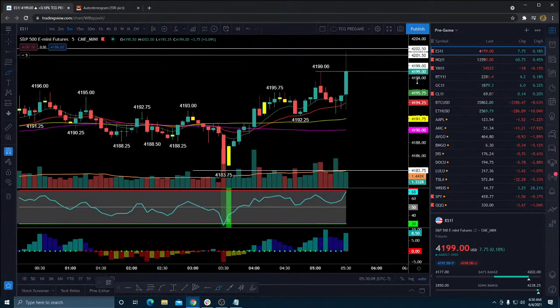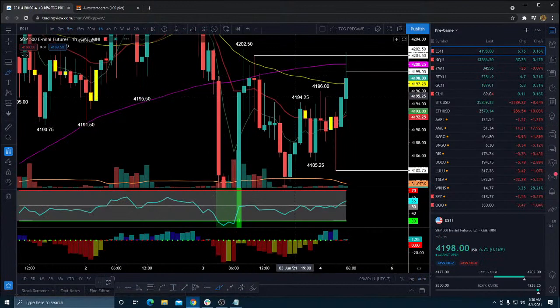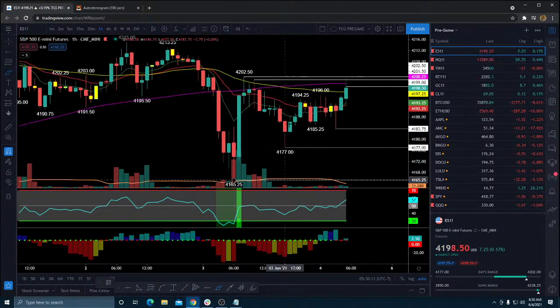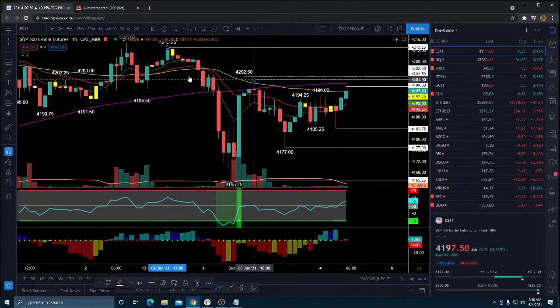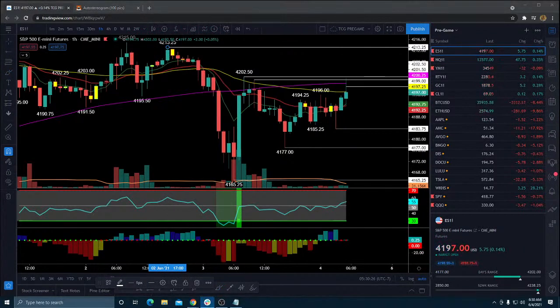So 420250, that's our next resistance. 420250, looks like we're stopping there for a minute. The next resistance, 421325. Anybody have the number? The expectation, I posted it in the room. If you're part of TCG, you can look at it over there.